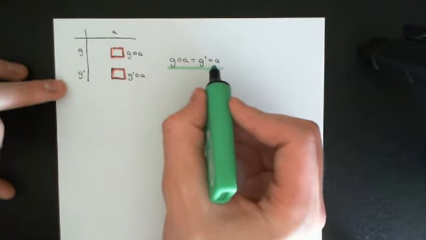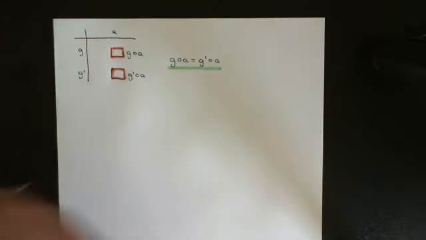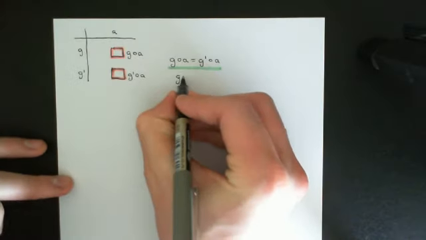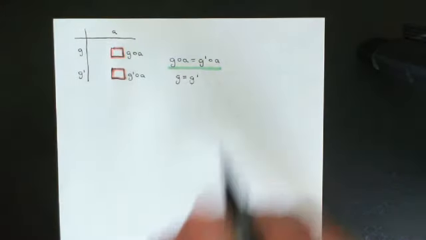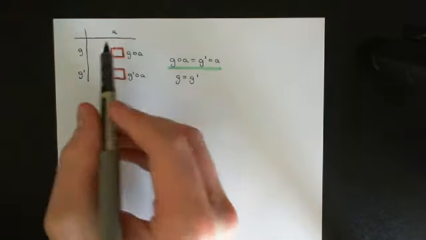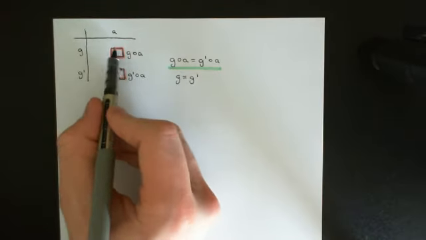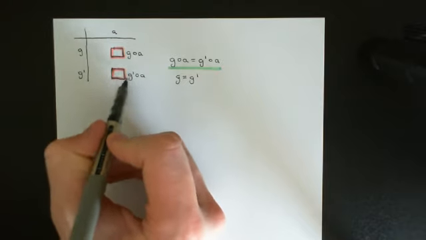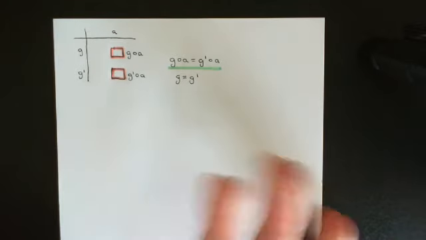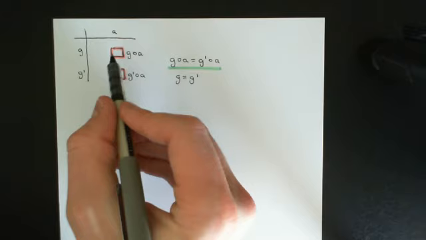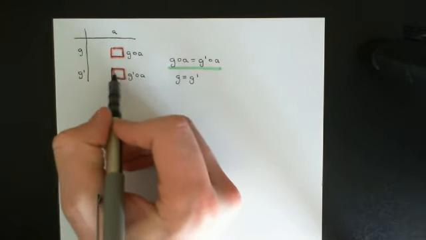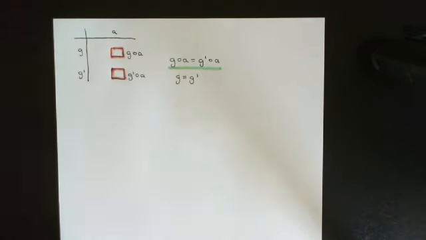What that reduces this equation to is that g is equal to g prime, and once again that's a contradiction because we assumed that these two were distinct from one another in the group, otherwise these wouldn't have been distinct from one another in the group. So we've arrived at a contradiction. We've shown that if these two are separate from one another, they are the same, so it just can't work.